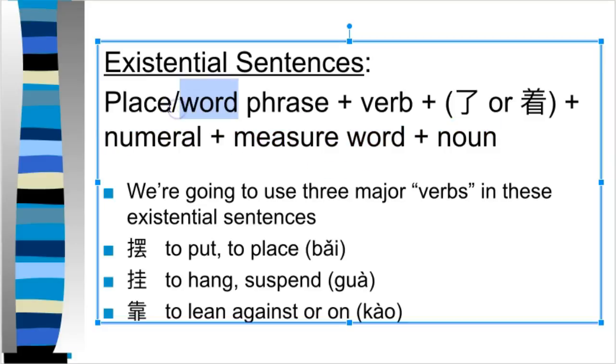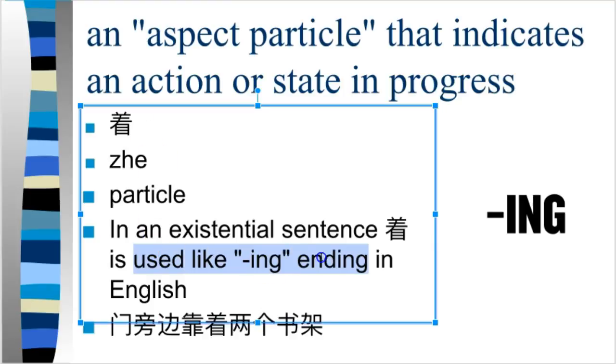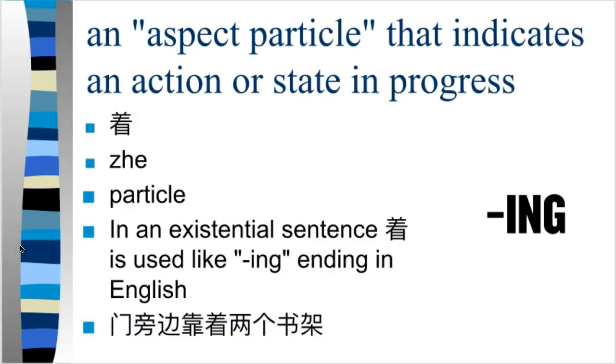So something like 桌子, probably 上, on top of the desk. 桌子上摆着一本书. Okay, so the 着 here functions as we've learned before as an aspect particle, which indicates an action or state in progress. It's used kind of like the ing ending. So again, on the desk is lying a book.